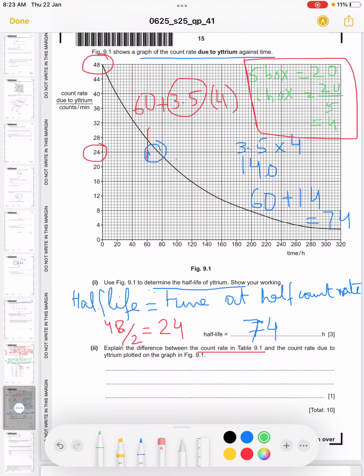Okay, so basically the table contains extra radiation because the table includes background radiation, because it is drawn from the detector and the detector also catches the background radiation, while the graph does not.